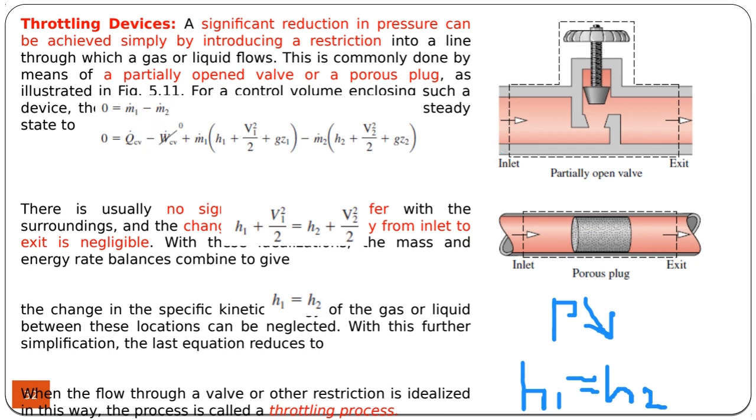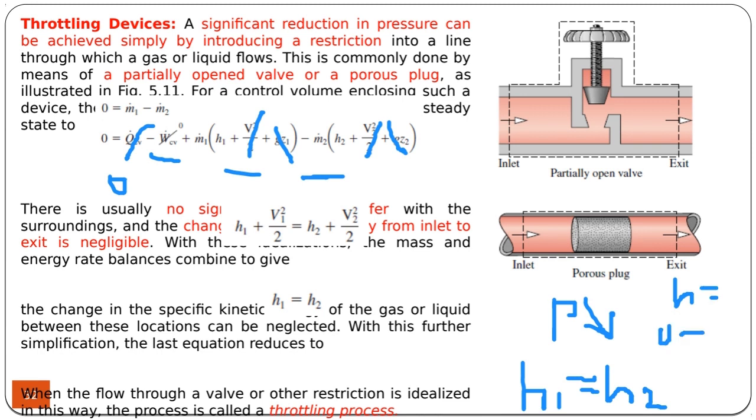It doesn't do any work with the surrounding. The kinetic and potential energies do not change, so that enthalpies remain the same. When enthalpy remains the same, we should understand that U plus PV must be same, because enthalpy is a combination property as U plus PV.